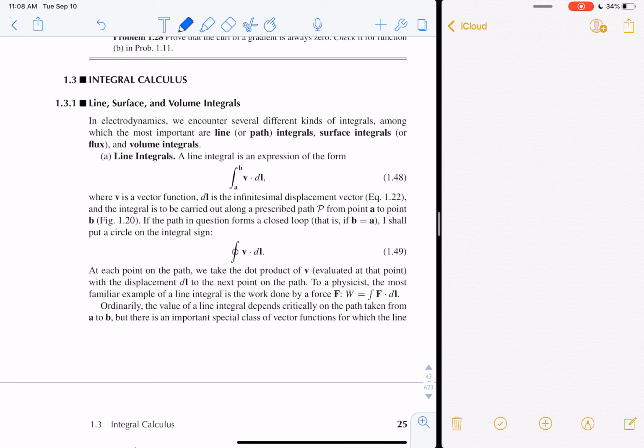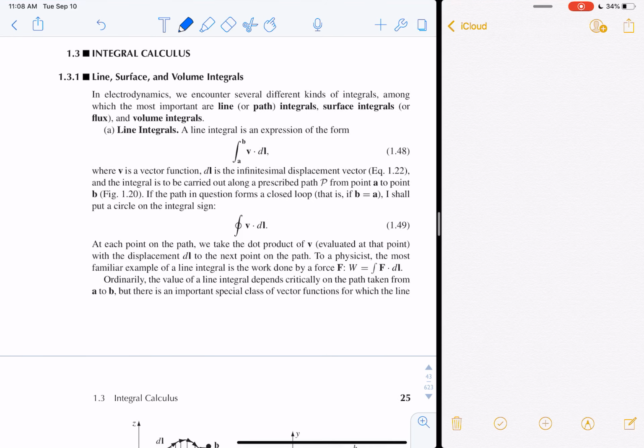DL is your little displacement as you walk, and you're comparing the two vectors together and taking the dot product of the vector field and your DL line at each point. So you want the component of the vector field along your displacement vector as you walk along the line. That's all we're doing there, adding up a bunch of dot products along your path.